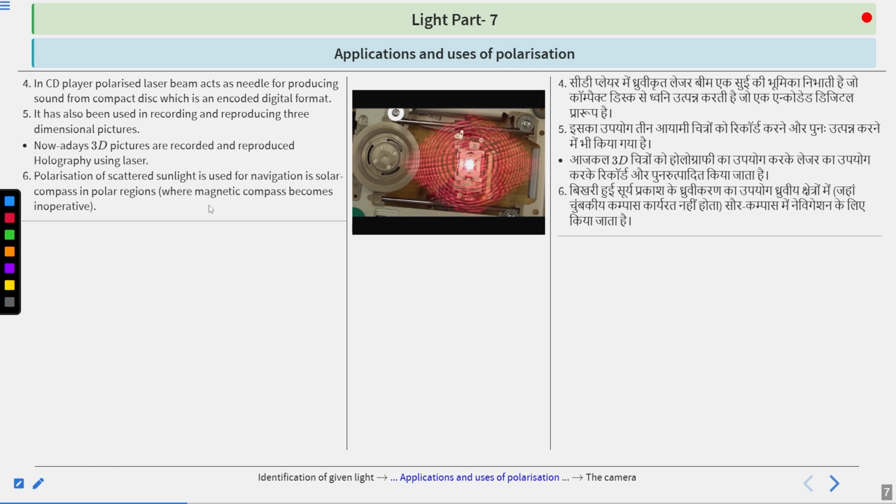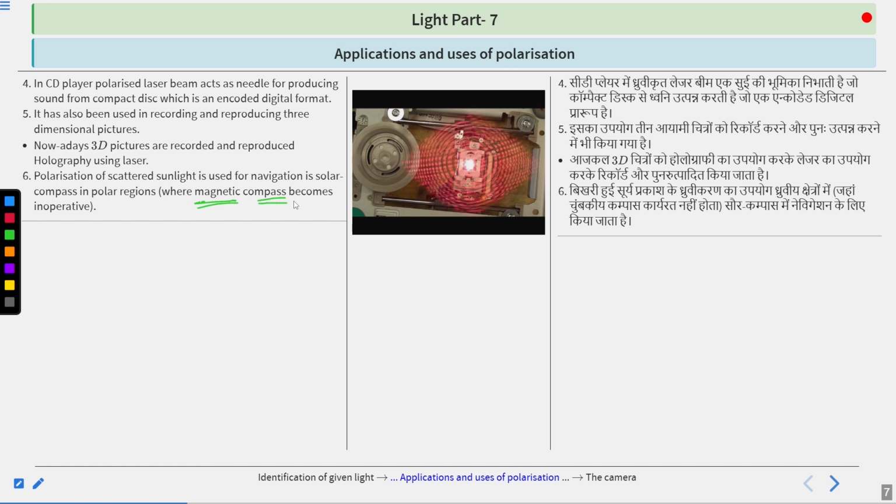Basically, if we talk about the magnetic compass, we can easily use it over the earth, but the case of the poles has different implications. Near the poles, the earth's gravitational pull is totally vertical and high, so the needle of the magnetic compass becomes inoperative in those cases. So we could say overall that magnetic compasses are not effective in the polar regions.